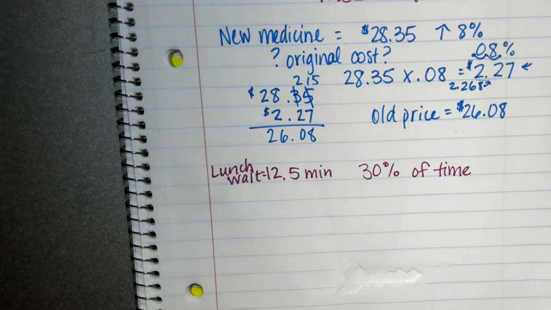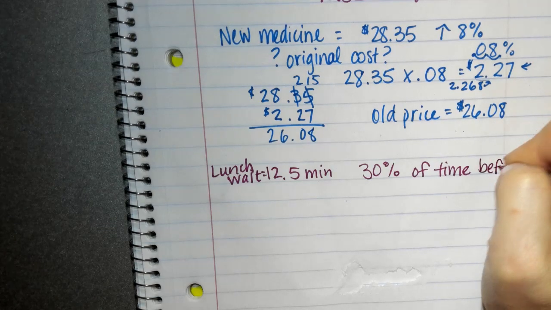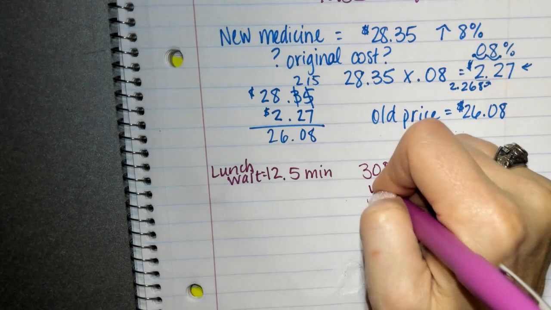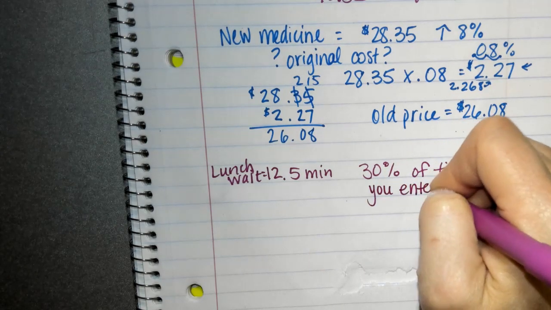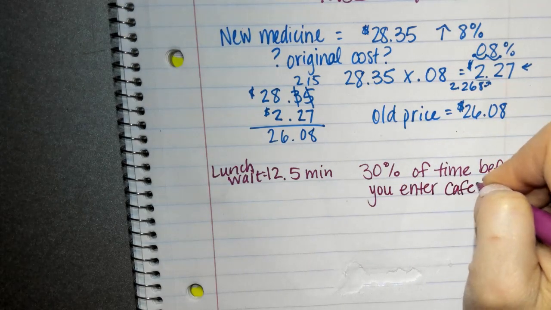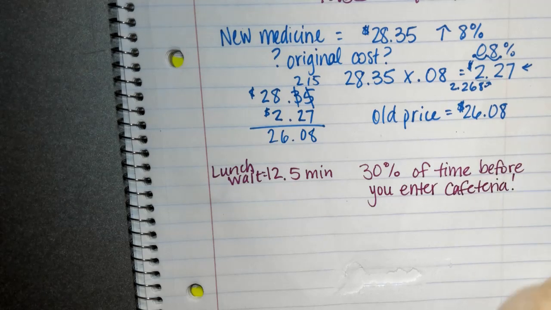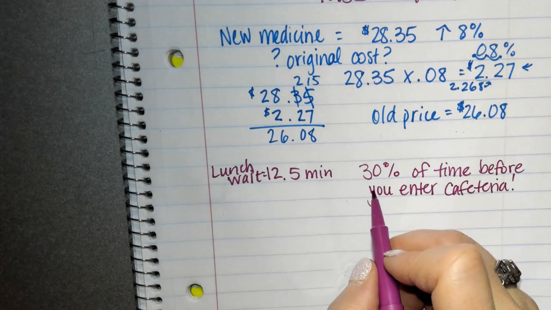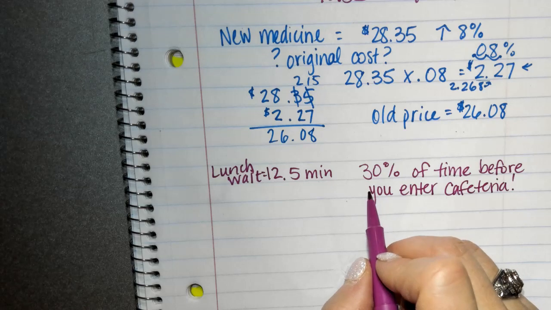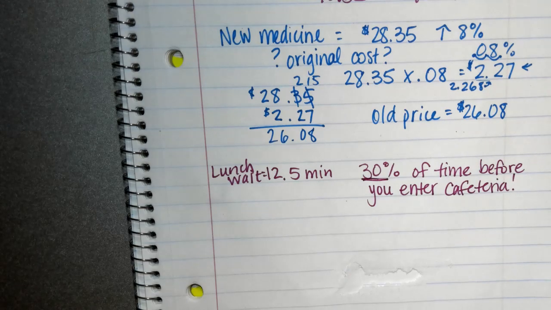It doesn't really happen here. Before you even enter the cafeteria. Okay, we want to find out the amount of time that you spent waiting before getting into the cafeteria.